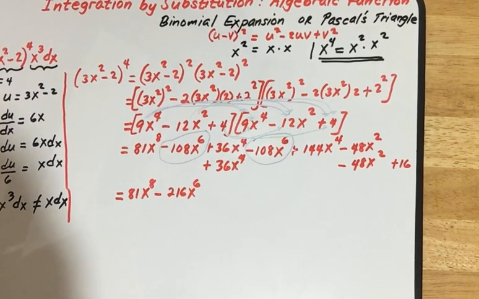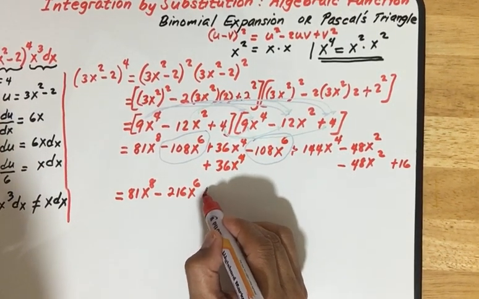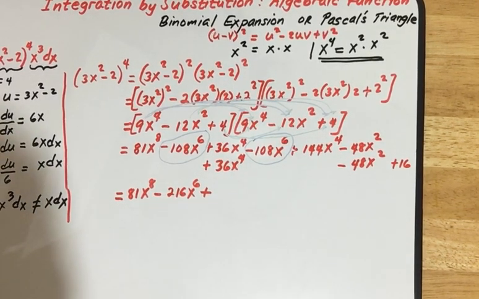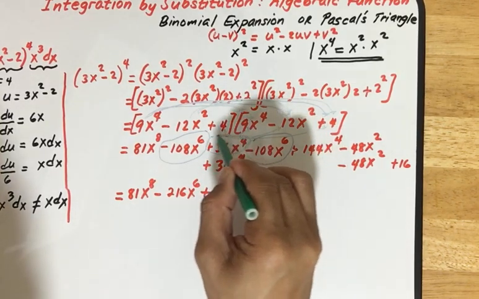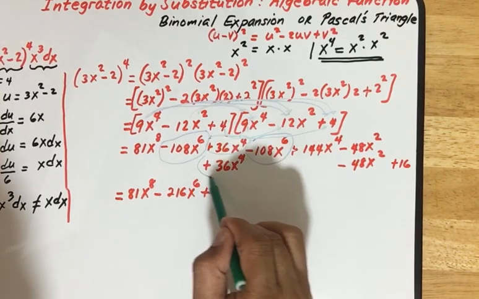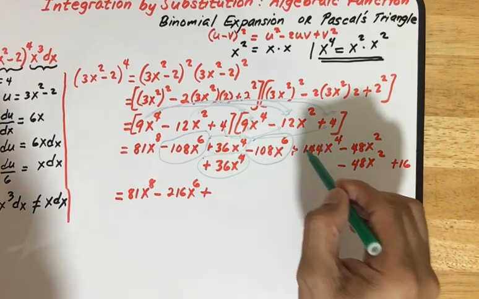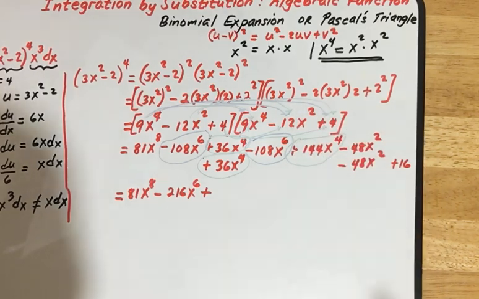Okay. And then we have x to the power 4. So let us combine all the x to the power 4. So we have positive 36 x to the power 4, and another 36 x to the power 4. And then we have here positive 144 x to the power 4.